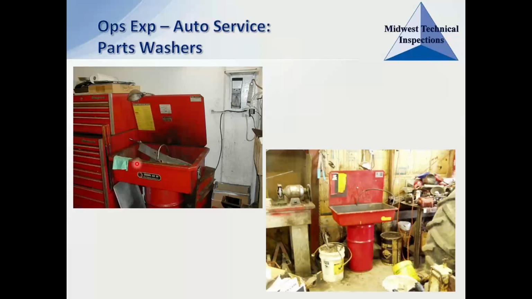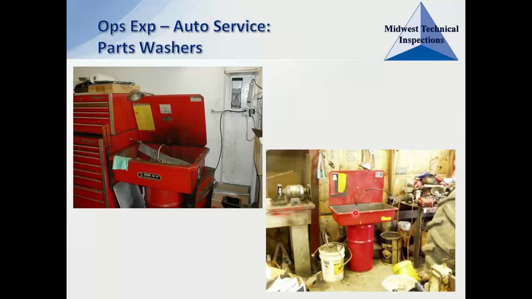But we also need to pay attention to the location of the flammable liquids parts washer. So does it make sense? Does this look like a good spot for that parts washer? For example, if you look at this one on the right-hand side, right next to it is a bench grinder. The bench grinder, when it's being used, is throwing off sparks and molten metal all over the place.